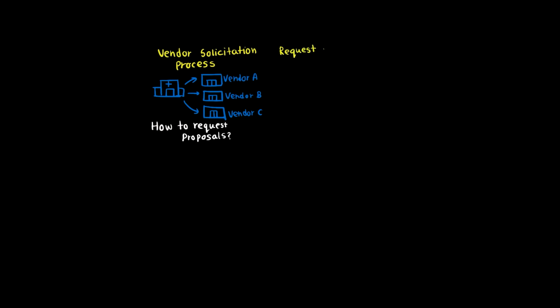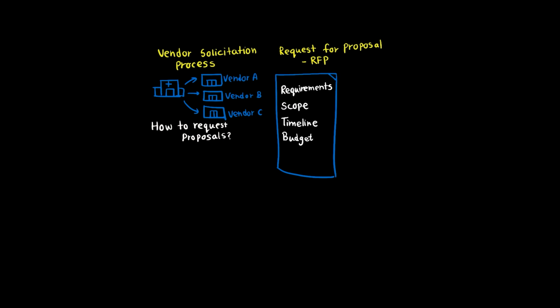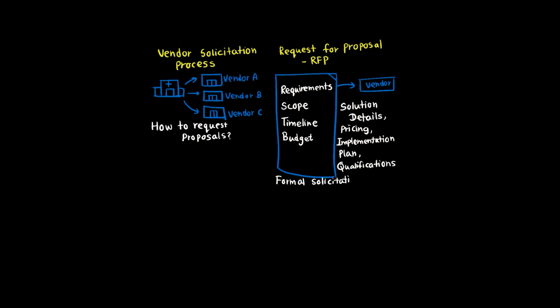A request for proposal, or RFP, is a formal document that details your specific requirements and asks vendors to submit comprehensive proposals explaining how their solution meets your needs, what it will cost, their implementation approach, and their qualifications. RFPs are detailed and specific. You're essentially asking vendors to bid on your business by proposing a complete solution.